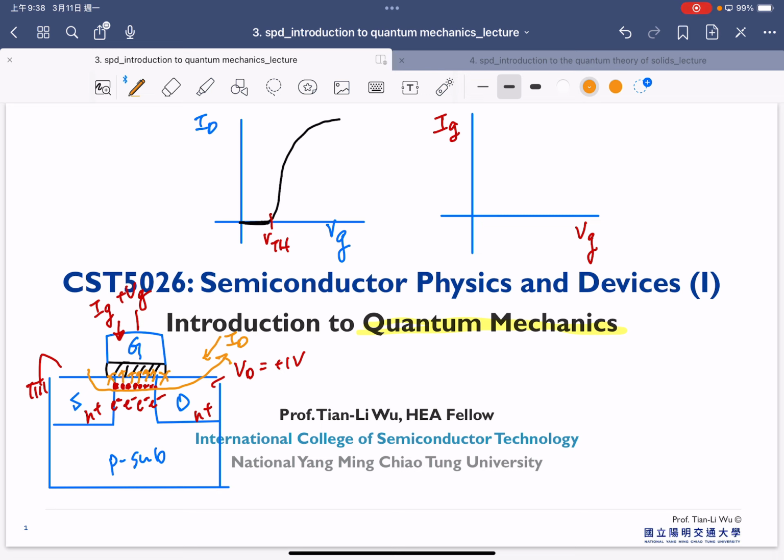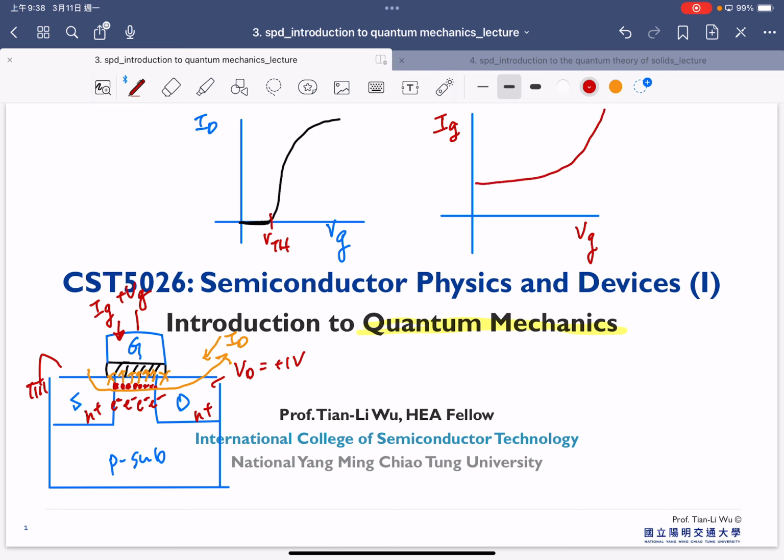This should not be possible, because that's the function of a perfect insulator: it should have the capability of blocking these electrons. But in reality, if you try to measure the gate current versus the gate voltage, you will still see a characteristic like this.